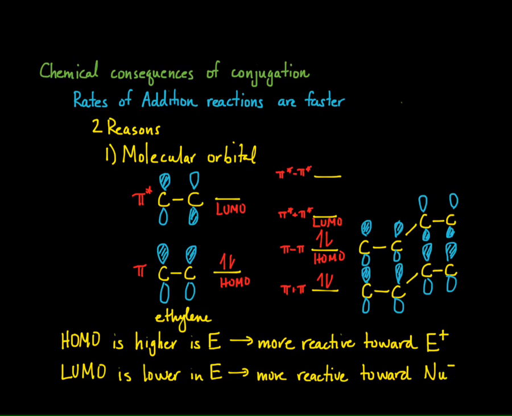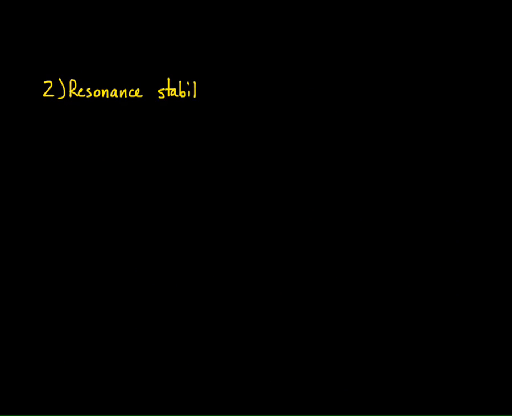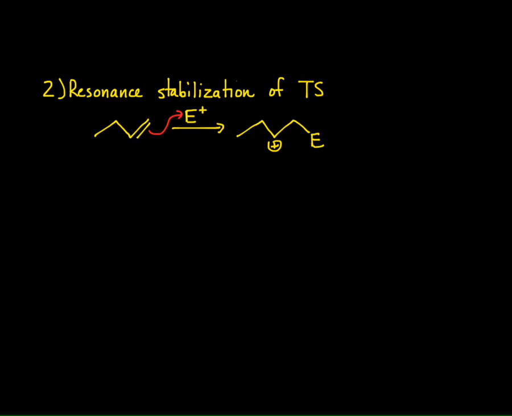So let's look at the second reason, and that is resonance stabilization of the transition state. When a typical alkene reacts with an electrophile, here I'm showing 1-butene reacting with an electrophile, I get, in this particular example, a secondary carbocation. So I get the formation of the most stable carbocation, here is my secondary carbocation.